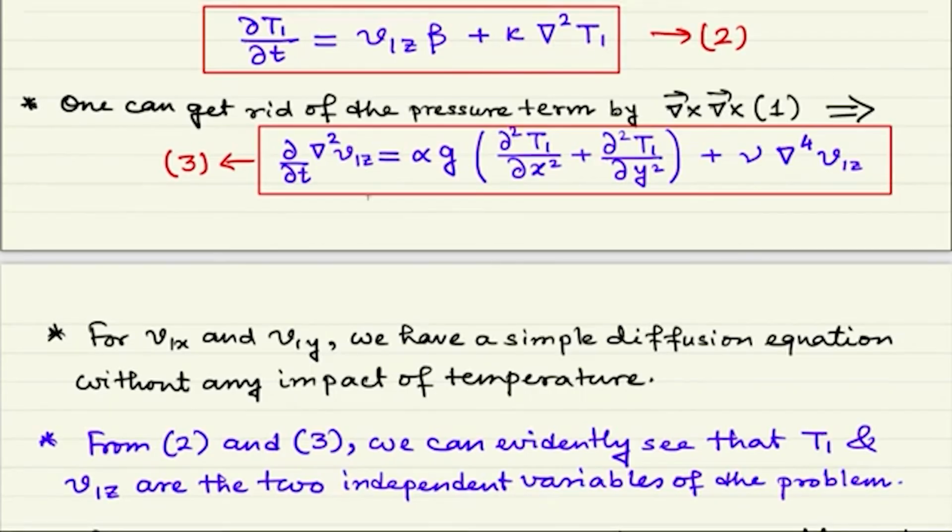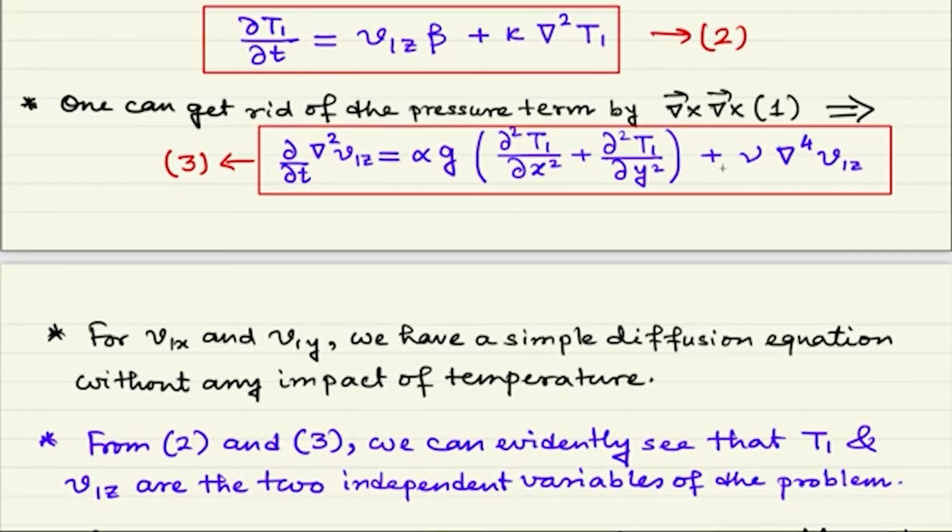The second one is del t nabla square V1Z is equal to alpha times G times del 2 T1 del X2 plus del 2 T1 del Y2, plus eta times nabla to the power 4 V1Z.